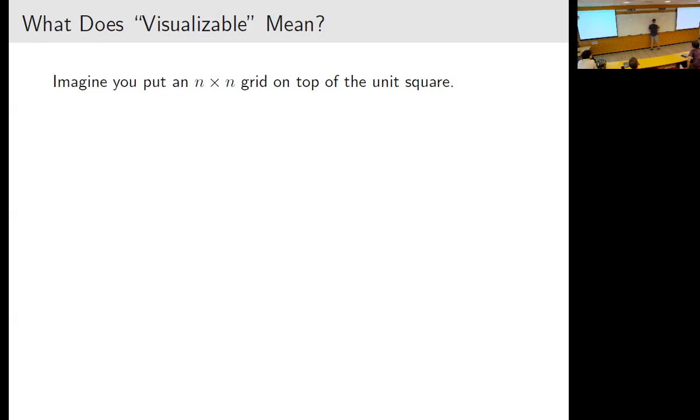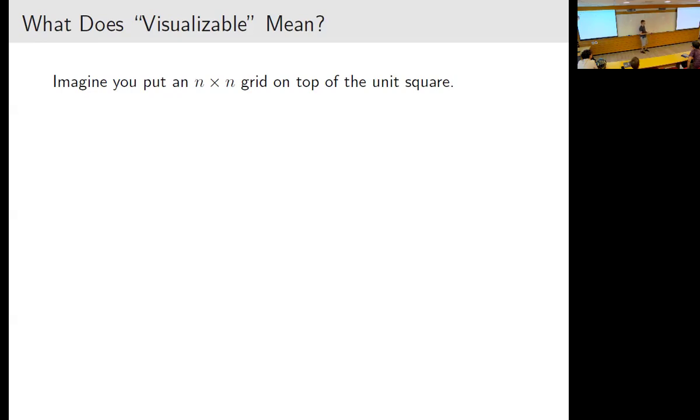Each of these squares you should think of as a pixel, so it's a very high definition television, as n goes to infinity. Now, I'm going to color the pixels, and that's going to be my visualization of the circle squaring.